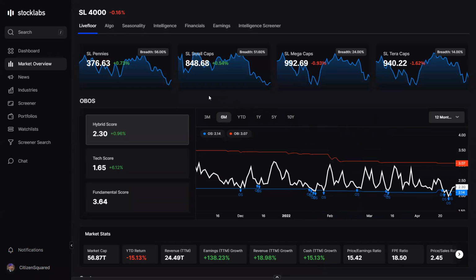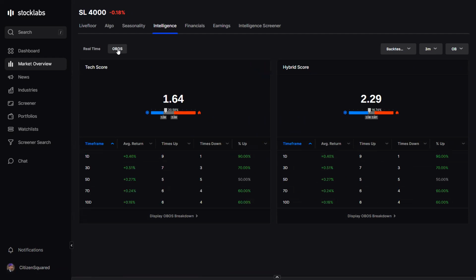Say I just want to know the forward returns for just this market score. I don't care whether it's overbought or oversold. I just want to know, last time the market had this score, what happened next? For the overbought, oversold statistics, I went to this tab.